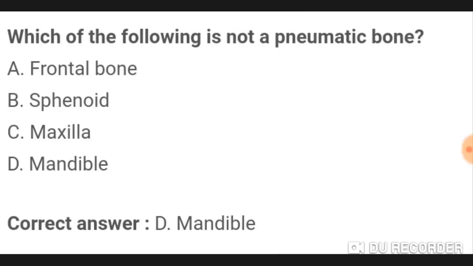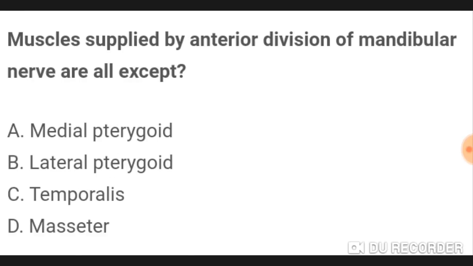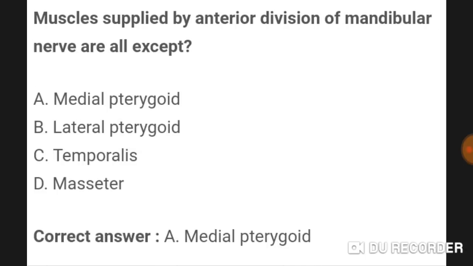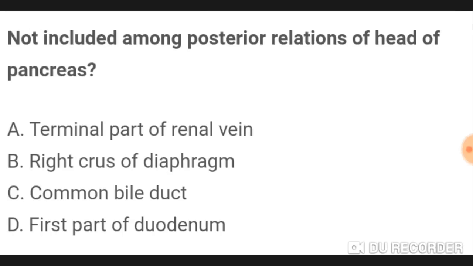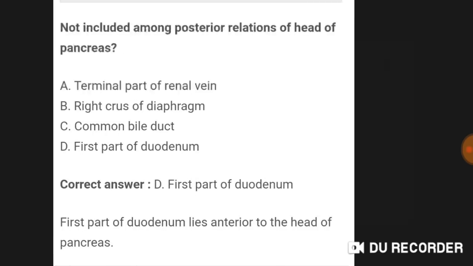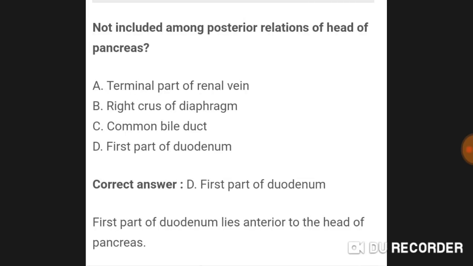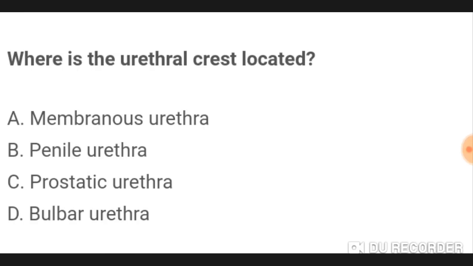Muscles supplied by anterior division of mandibular nerve are all except medial pterygoid. Not included among posterior relations of head of pancreas is the first part of duodenum, which lies anterior to head of pancreas.